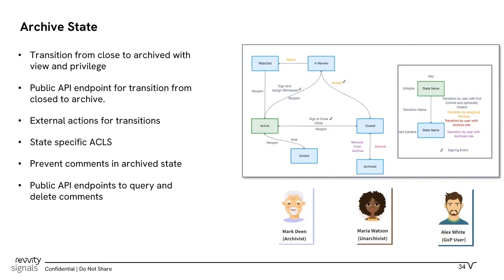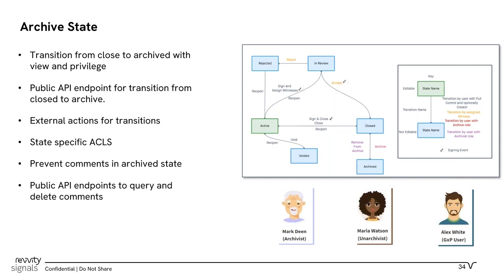He may alternatively have use of the APIs and programmatically check if they are over 30 days old and then archive them if they're suitable for archiving. Once they're archived, if we wanted to make any changes, we'd have to ask another colleague, Maria Watson, to unarchive this experiment and go through the workflow like previously shown.